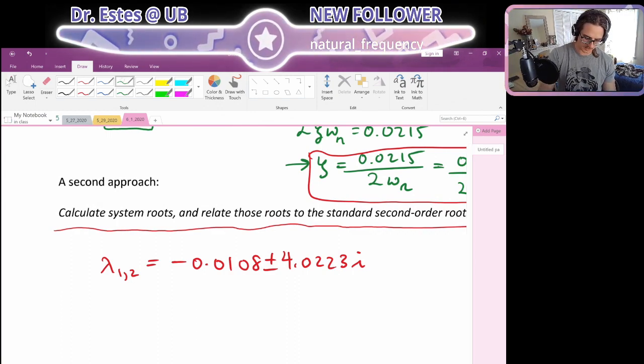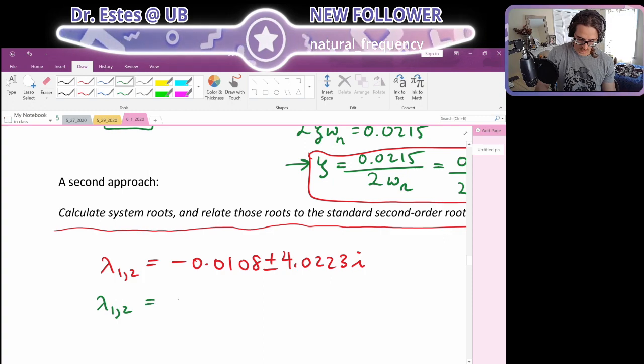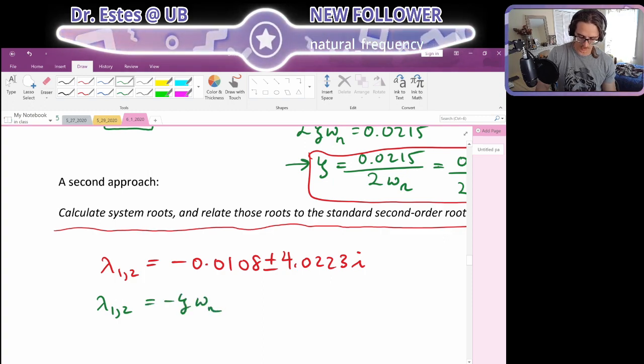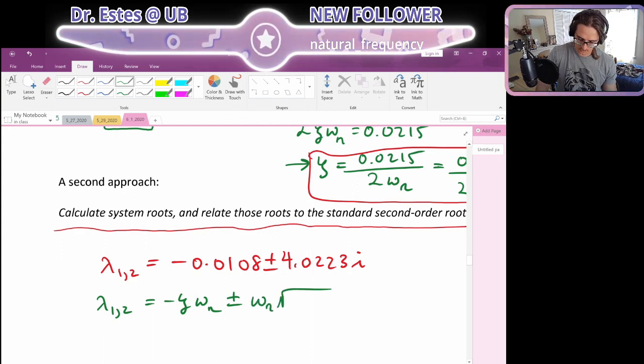So I relate this to the standard form, which is this, minus zeta omega n plus or minus, right?